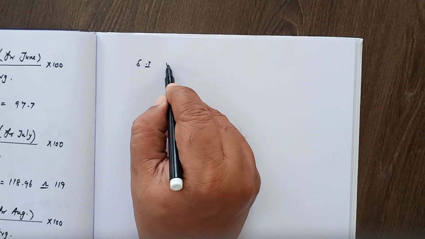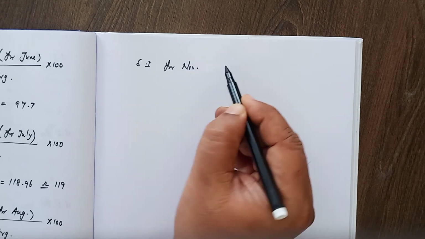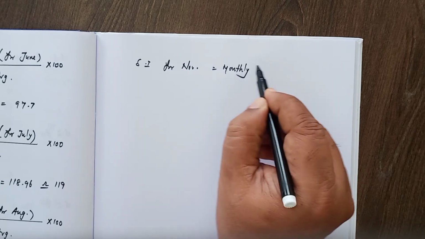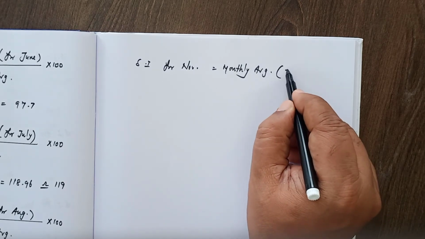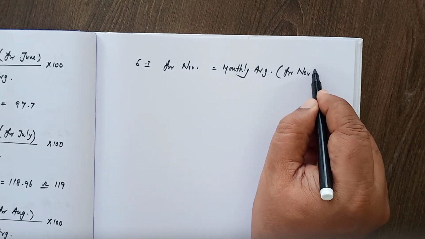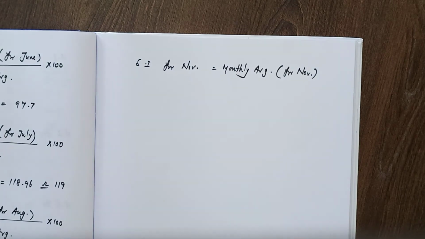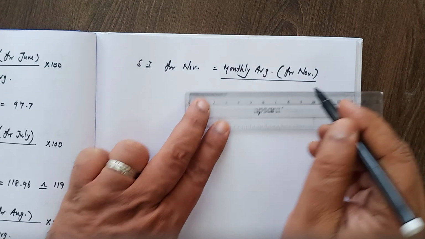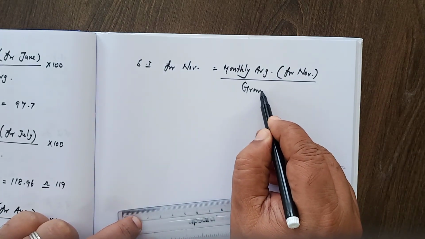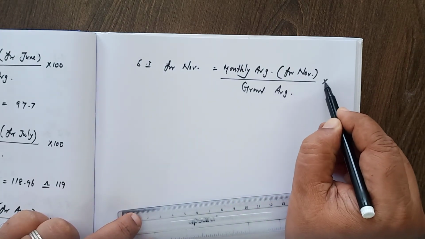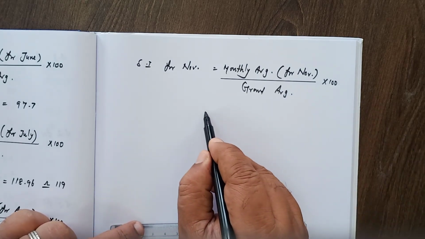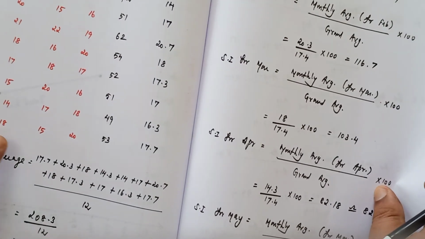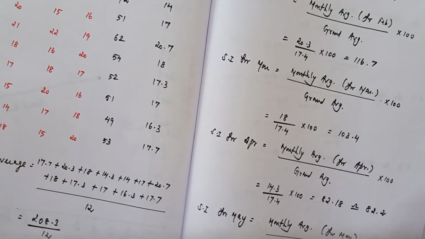SI for the month of November equals, formula, monthly average for the month of November divided by grand average into 100. For November, here it is 16.3.